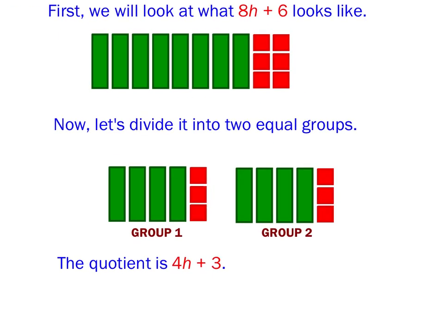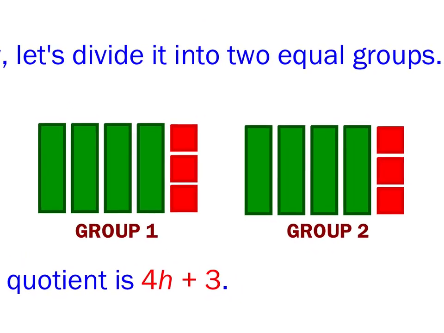And we want to separate it into 2 equal groups. So you would start counting. 1, 2, 3, 4, 5, 6, 7, 8. So there's 4 rectangles in each group. 1, 2, 3, 4, 5, 6, 3 shaded little squares in each group.